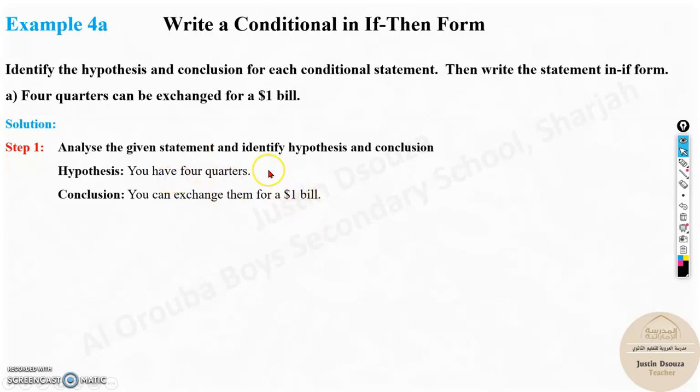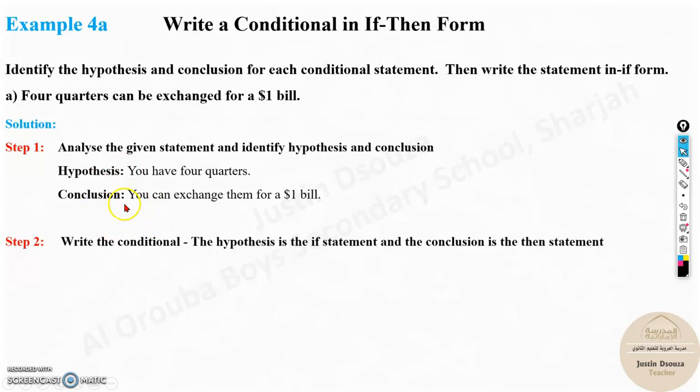It wouldn't make sense to say exchange a $1 bill for 4 quarters. It's more likely that you have 4 quarters, then those quarters can be exchanged for the final result. What is that? A $1 bill. So this $1 bill, the final result which you're getting, will be the conclusion. The other thing will be the hypothesis. Now this can be found out only by reading and understanding.